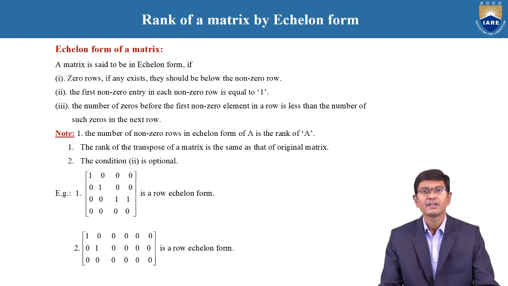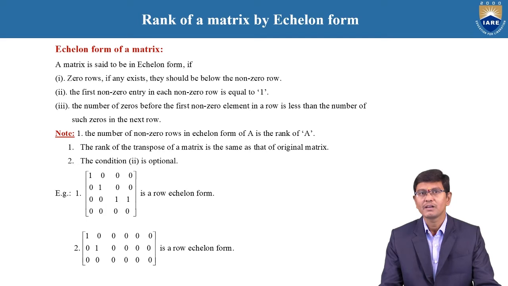Here are the three conditions we need to understand first. A matrix is said to be in echelon form if these three conditions are compulsorily satisfied. By applying the three row operations, we get the final matrix. First, zero rows, if any occur, should be written at the last.